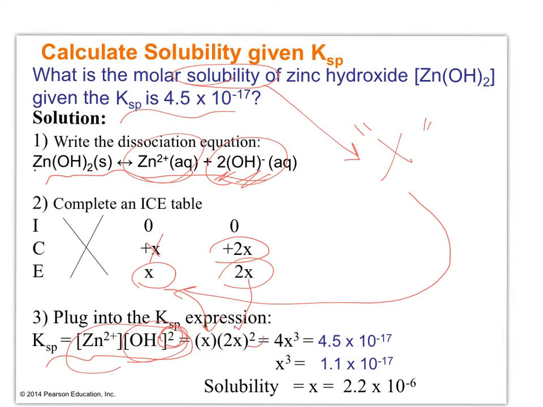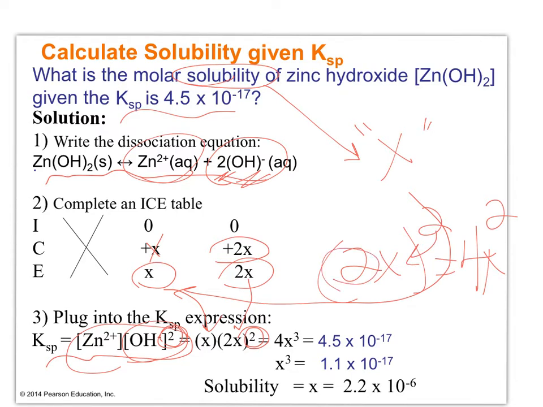Okay, now here's another very common error. 2X squared equals 4X squared. A lot of students tend to just square the X and forget about squaring the 2.